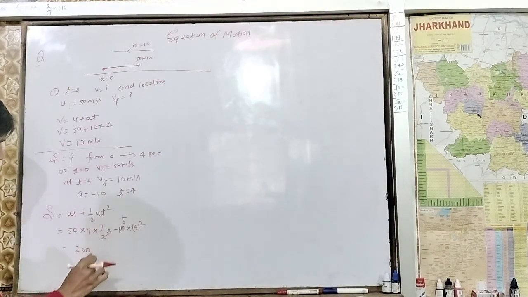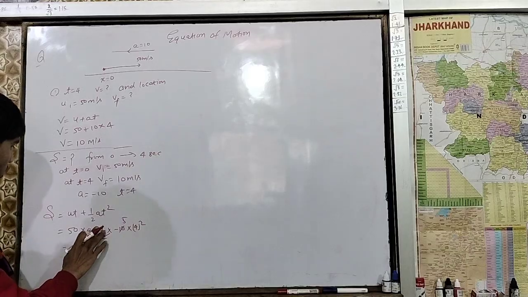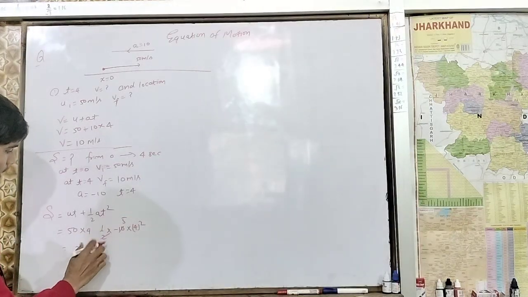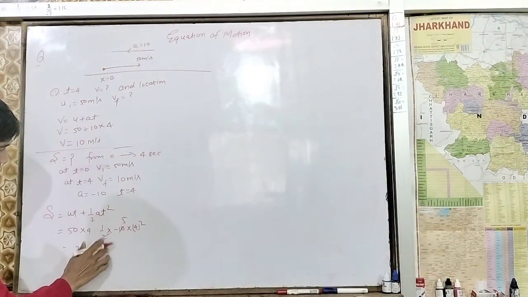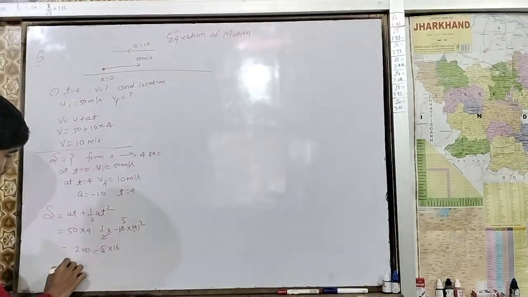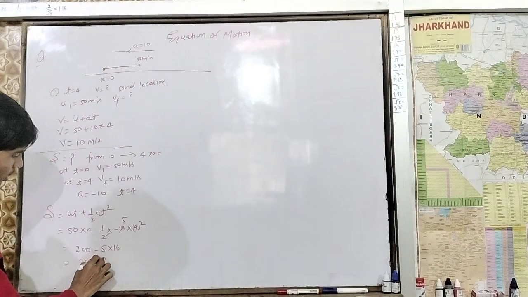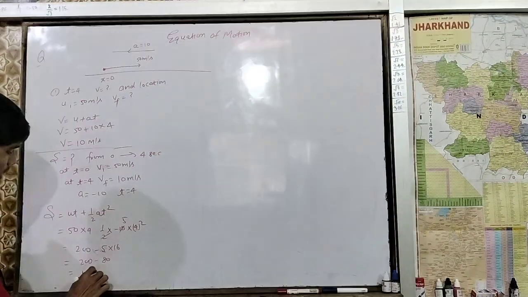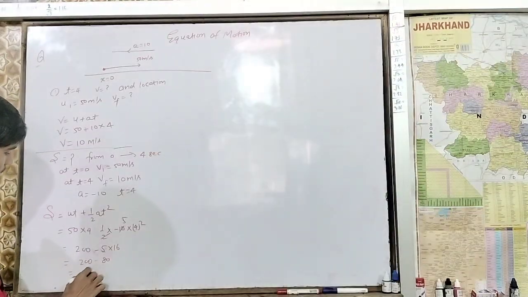Hold on. This is plus 200 plus half of minus 10, so minus 5, times 4 squared, which is 16. So 200 minus 80 is 120. This is your displacement.